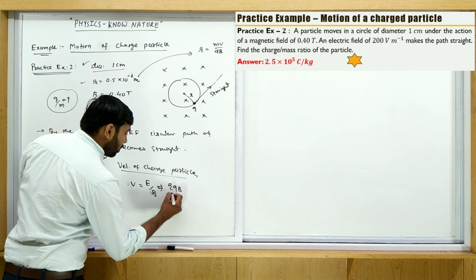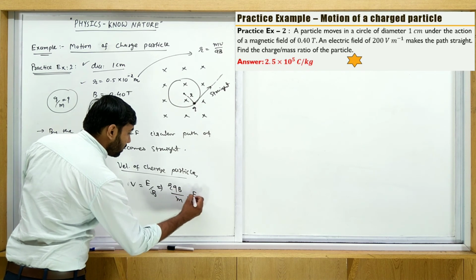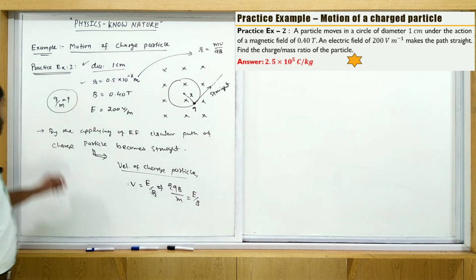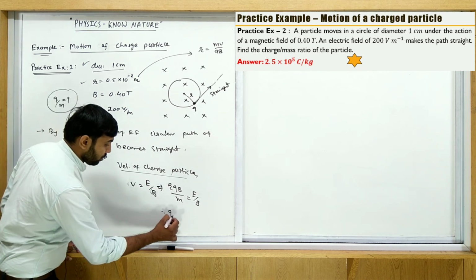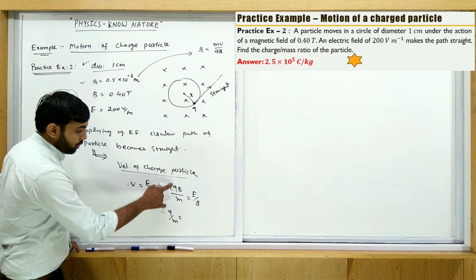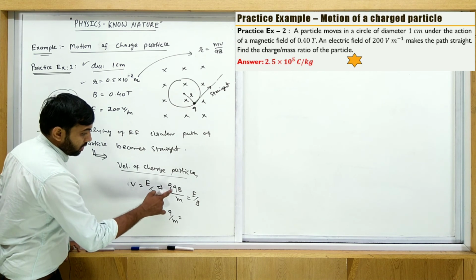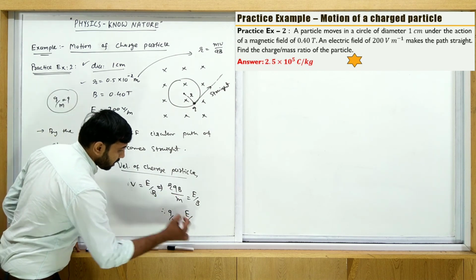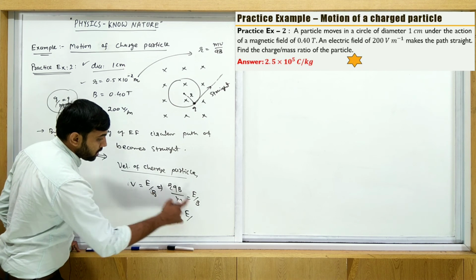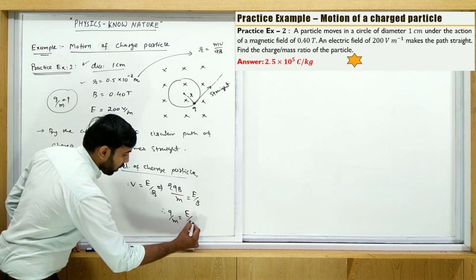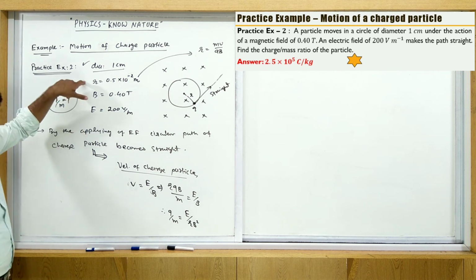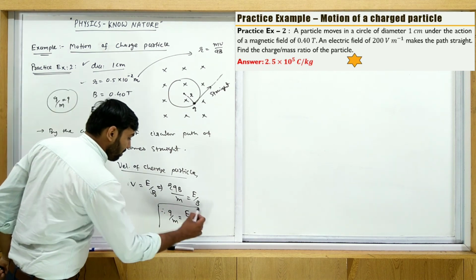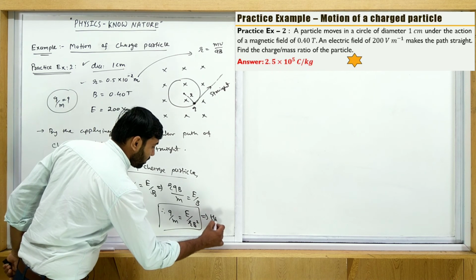R qb by m is equal to E by B. You have to find the Q by M. So write down, Q by M is equal to E upon B into R into B, so R into B square. See, E known, B known, R known, everything is known. You find this ratio by yourself. Okay. So the remaining calculation is homework.